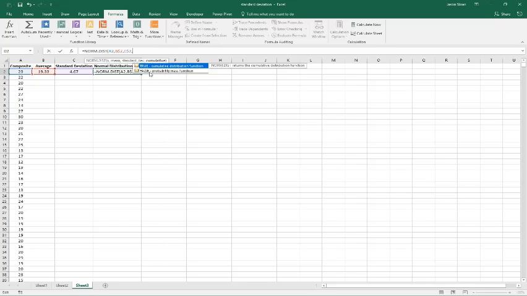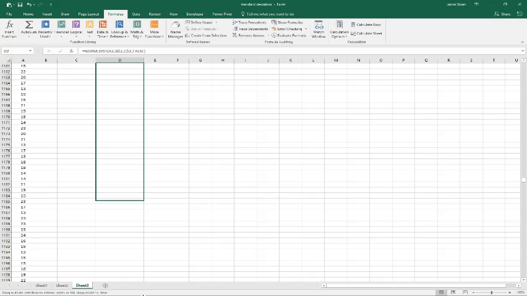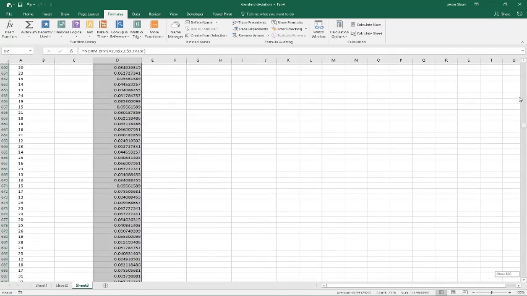We want a probability mass function. So that gives us our number. And then we can take this and drag it down and autofill all the way through. And that gives us the normal distribution that we want to use.